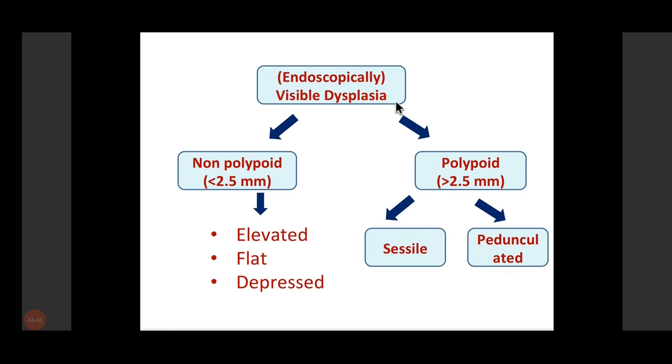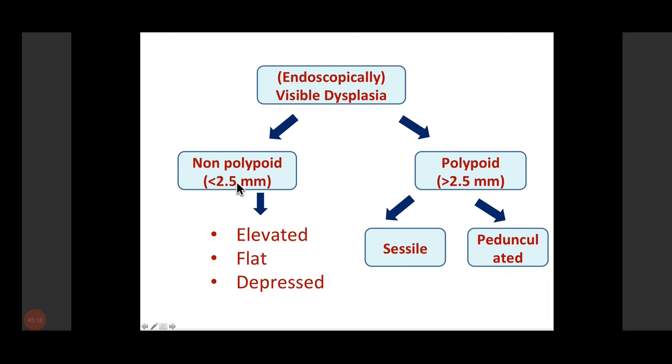And what one can get is either a non-polypoid or a polypoid dysplasia, which can even be seen endoscopically by certain improved techniques, and these techniques can pick up the areas which may be dysplastic, and those areas, when they are sampled, biopsy is taken, and then the pathologist can confirm the diagnosis or say whether or not there is a neoplasia.